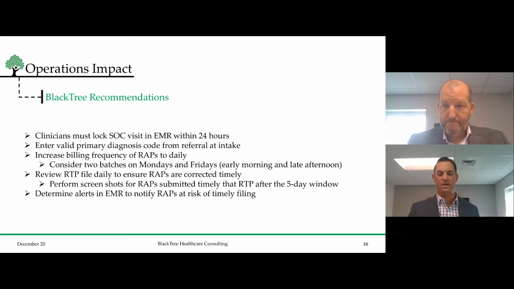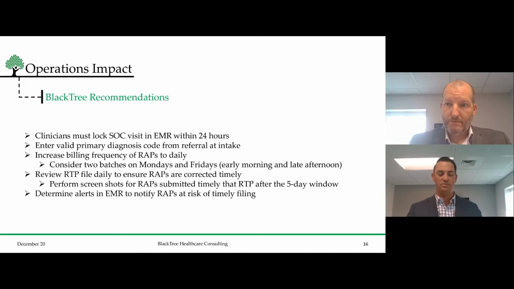There might be slight delays in locking visits or getting that primary diagnosis code on the claim. So you might want to consider getting a second batch out on Monday for all those that trickle in throughout the day. That way, if you have an admission on Saturday morning, you're not waiting until Tuesday to bill a RAP. You're doing it Monday. You're allowing yourself a few extra grace days to make sure it was received by the payer and put on file.